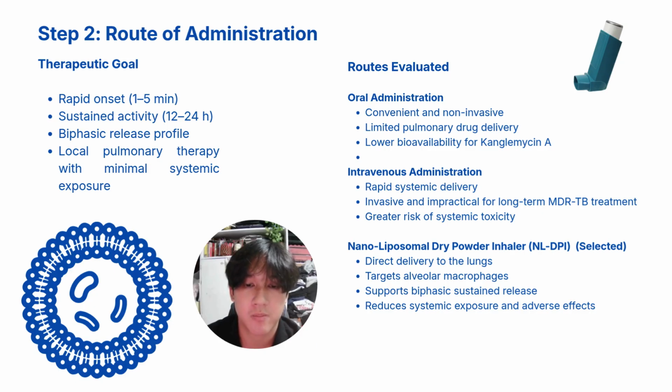Since tuberculosis primarily affects the lungs, we selected a pegylated nanoliposomal dry powder inhaler. By delivering the drug directly to the lungs, we can achieve higher local drug concentrations at the site of infection while reducing unnecessary systemic exposure.